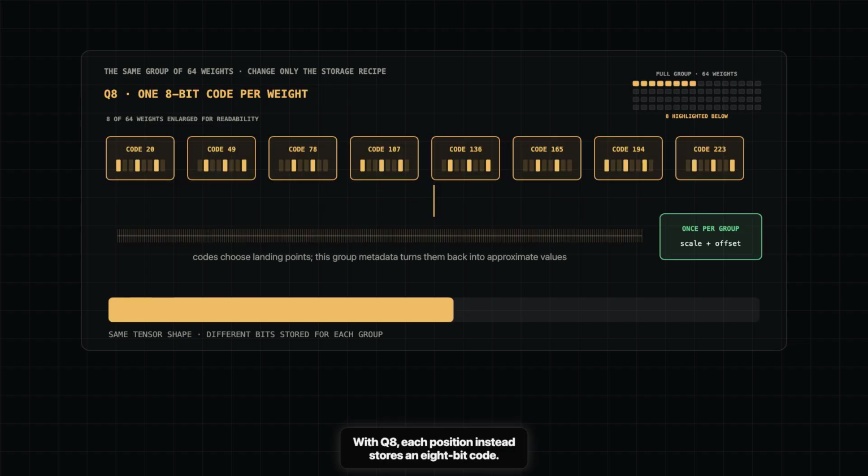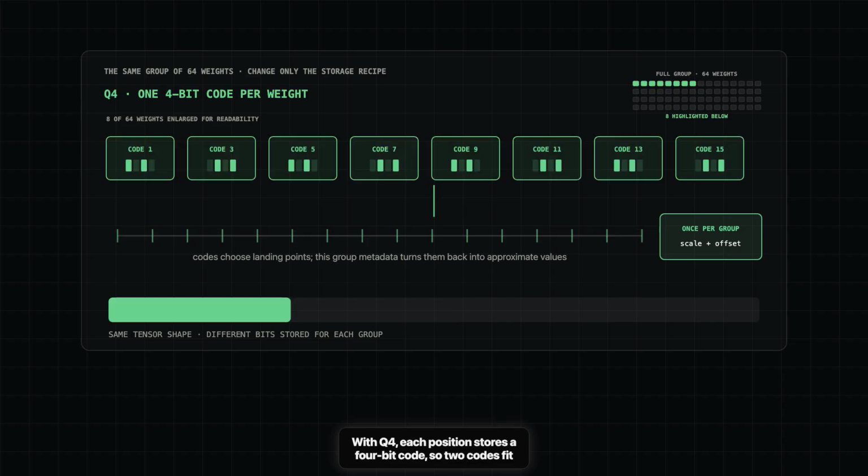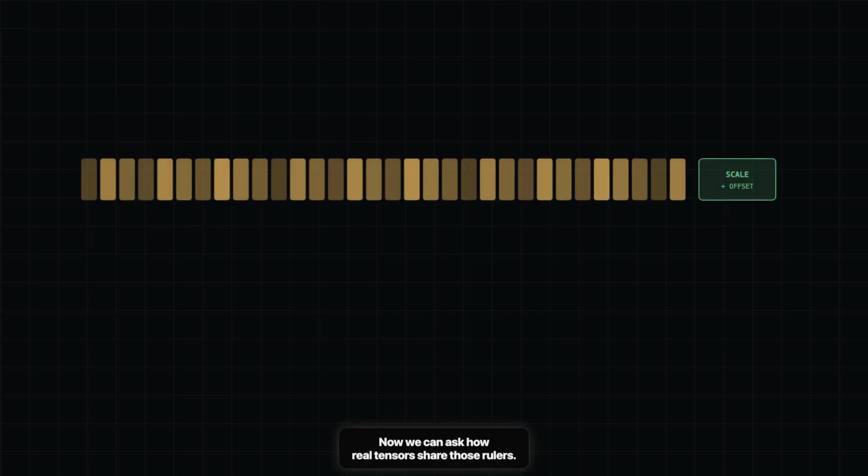With Q8, each position instead stores an 8-bit code. A group also stores metadata that maps its 256 possible codes onto a real number range. With Q4, each position stores a 4-bit code, so 2 codes fit in 1 byte. The same tensor is smaller, but each local ruler offers only 16 landing points. Now we can ask how real tensors share those rulers.